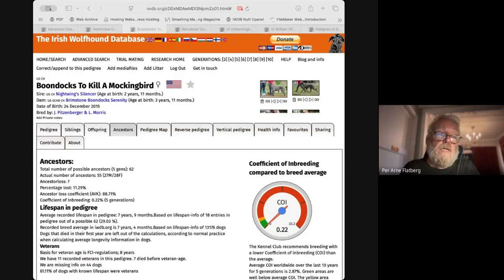What I can tell you is that in Norway and Denmark, it has become illegal to breed with a COI of more than 12.5% measured over 5 generations. That is likely to become European law within the next 2 or 3 years.